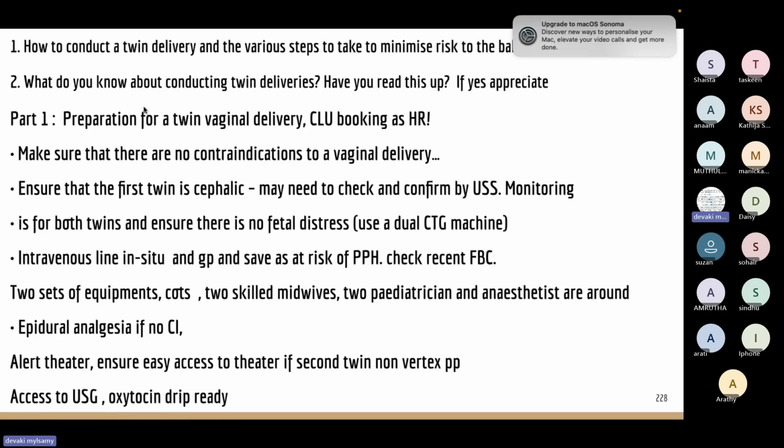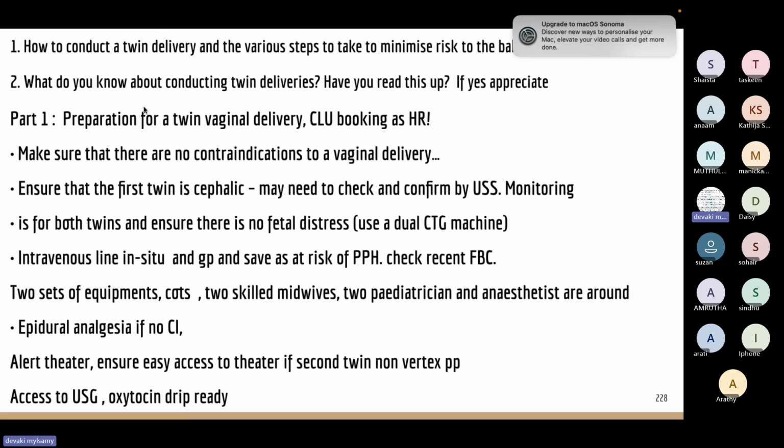Now the preparation. What preparations are we going to do? Very rightly mentioned, these pregnancies are high-risk pregnancies. The patients will be booked under consultant-led care. Make sure that there is no contraindication to vaginal delivery. Along with that, the first twin will be cephalic, which you mentioned; that can be confirmed by ultrasonography.